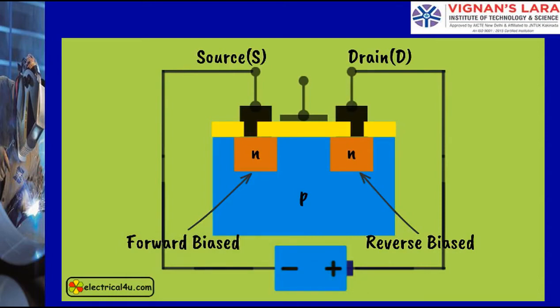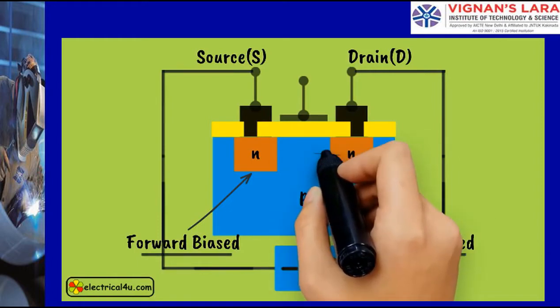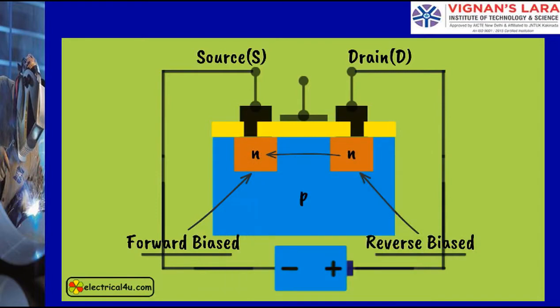As between drain and source there will be one reverse biased and one forward biased junction, there will be no significant current flowing from the drain to source, but a tiny current continues to flow due to minority carriers. We can say that virtually there is no continuous path or channel between drain and source.